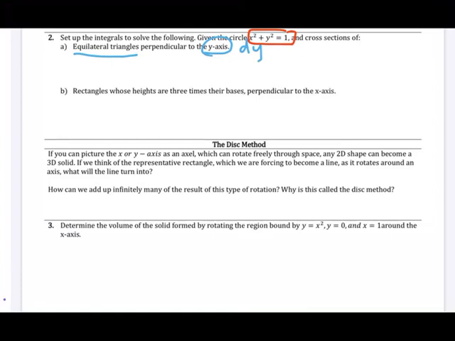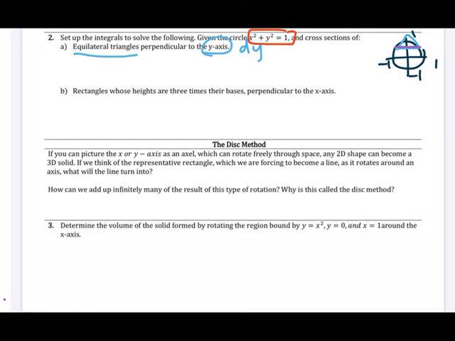But let's first graph and get a visual idea of what's going on here. All right, so I have this circle and I have an equilateral triangle, meaning all the sides are the same. And I want you to think for a minute, what is the length of each side?